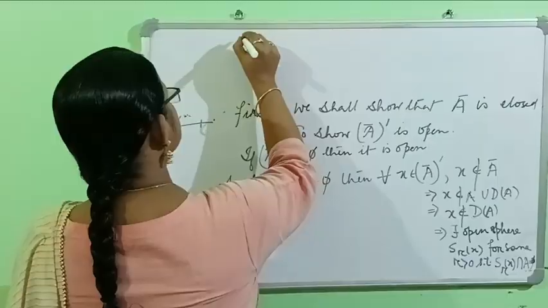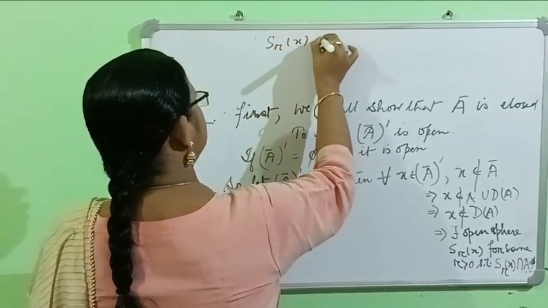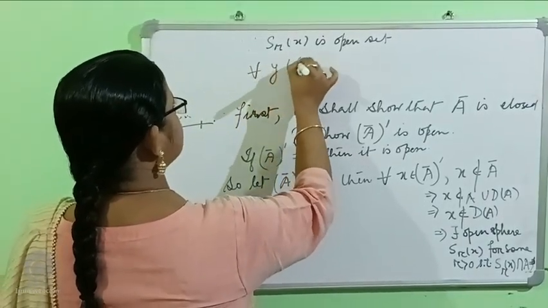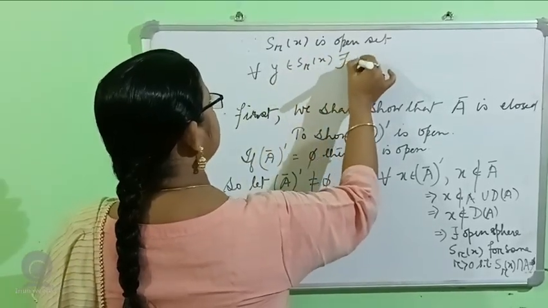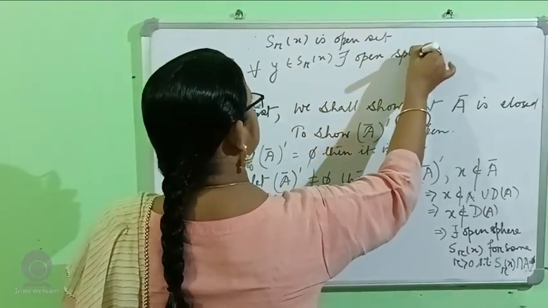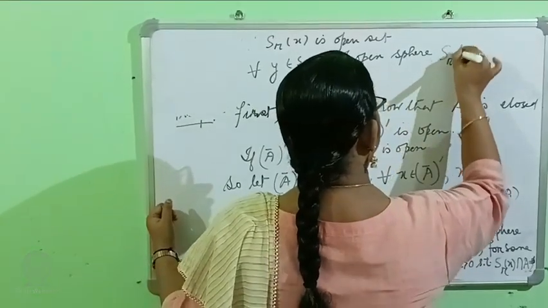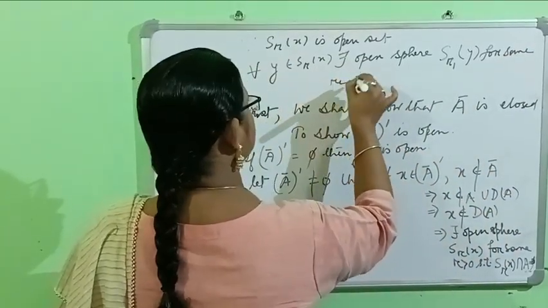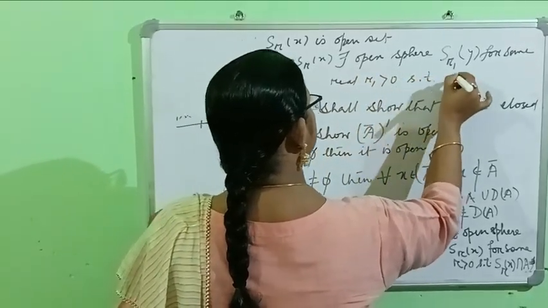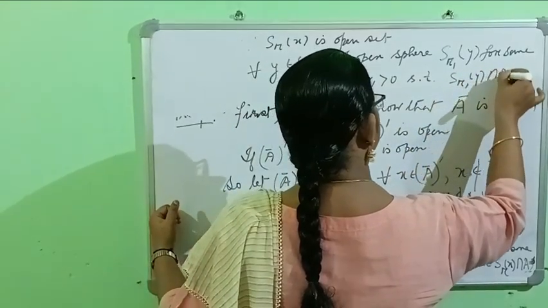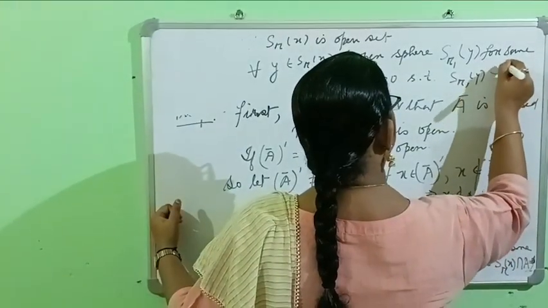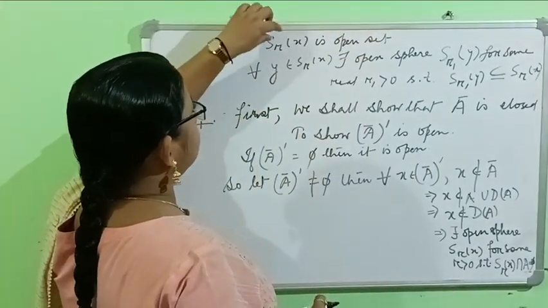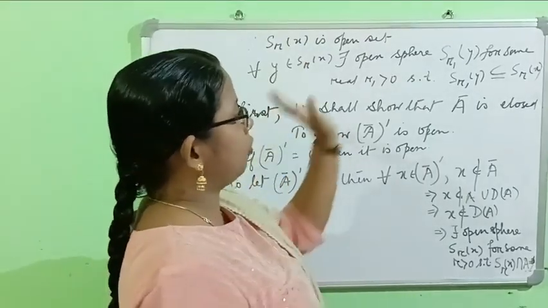Since S_r(x) is an open set, for all y belonging to S_r(x), there exists an open sphere centered at y for some real r1 greater than 0 such that S_r1(y) is contained in S_r(x). Since S_r(x) is an open sphere, each point belonging to it has some open sphere contained in that set.